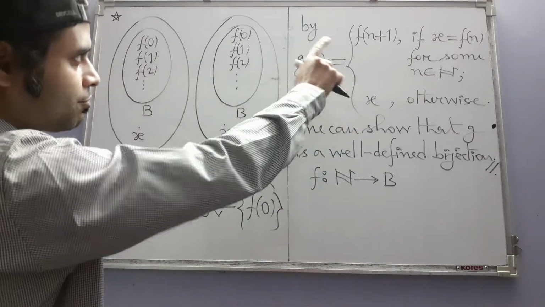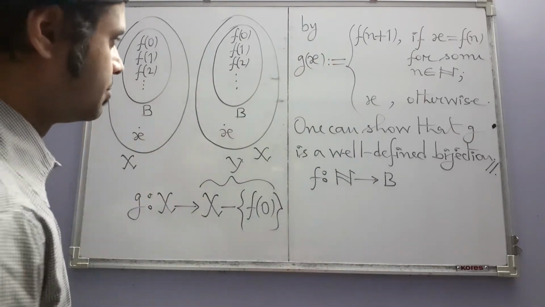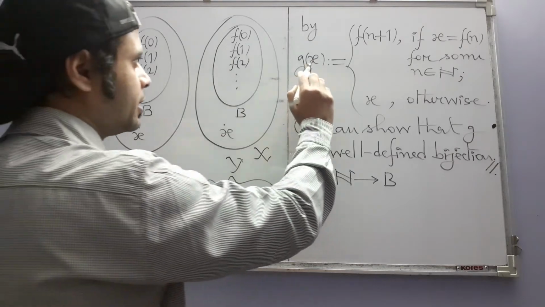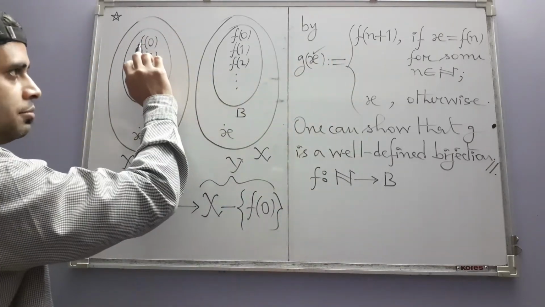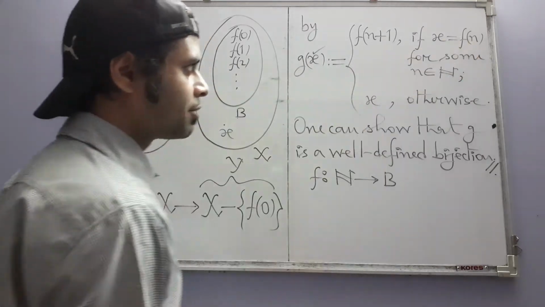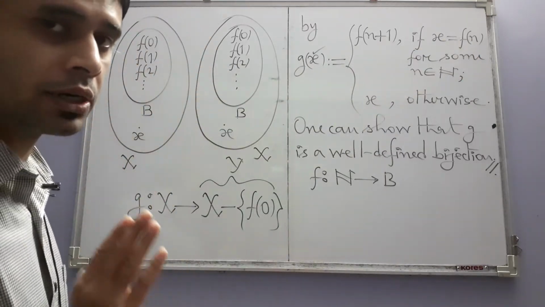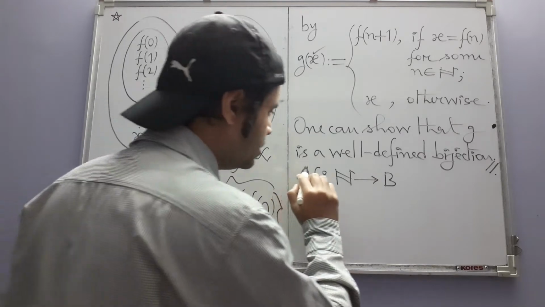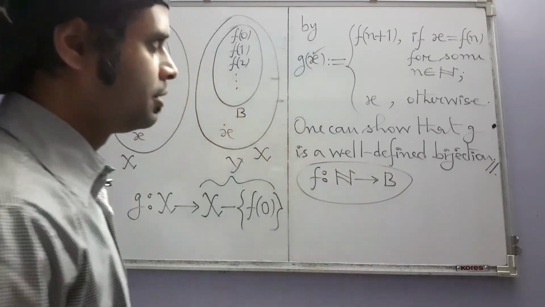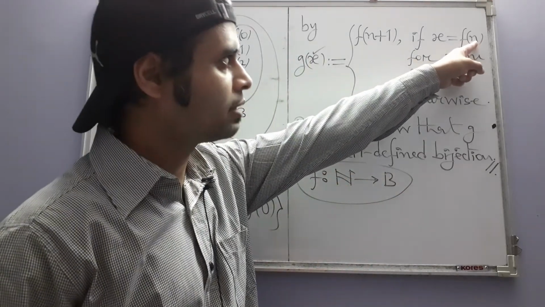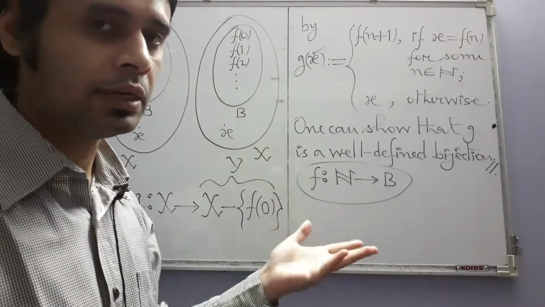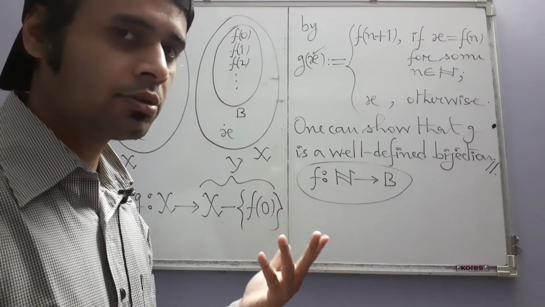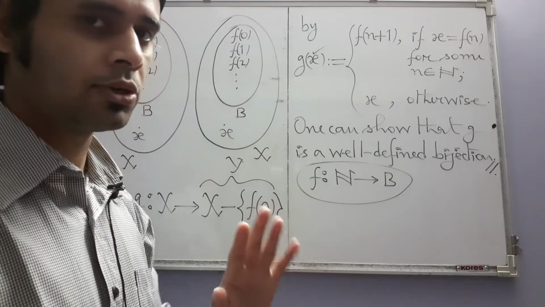Okay, now what this function g is doing is this. If it turns out that the input x falls inside B, then it is equal to f of n for some natural number n, and because this f is a bijection, there will be precisely one n for which this will happen. We cannot have x equal to f of n and then x is also equal to f of m for some m not equal to n.